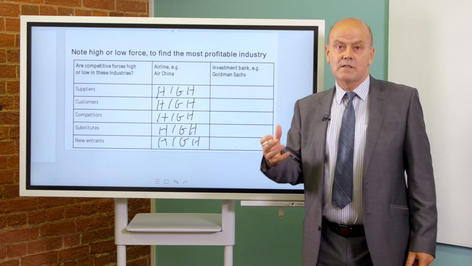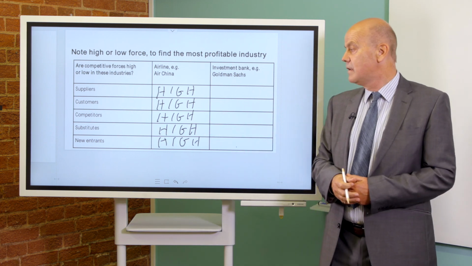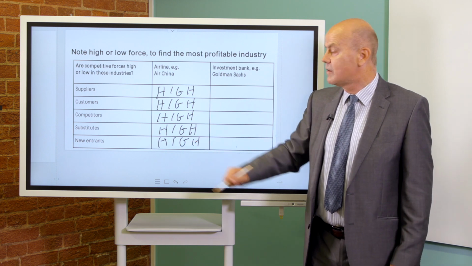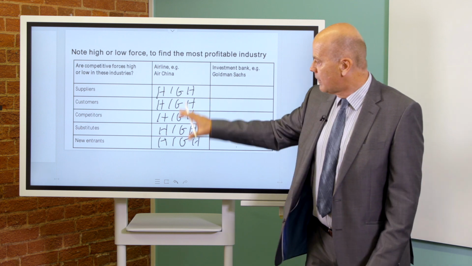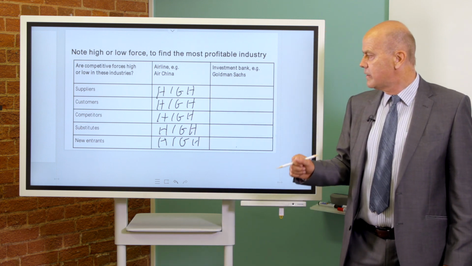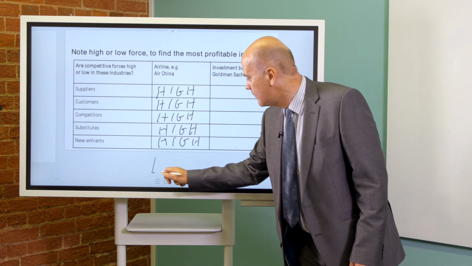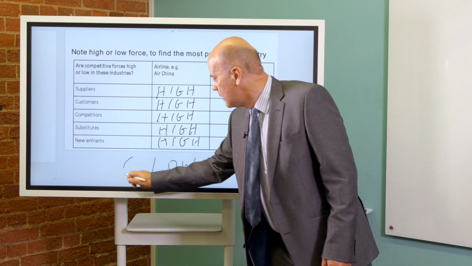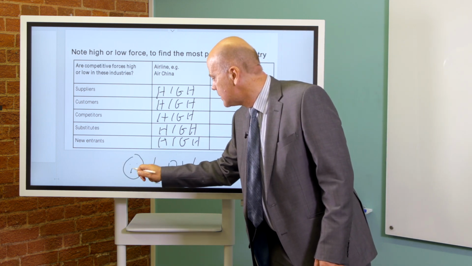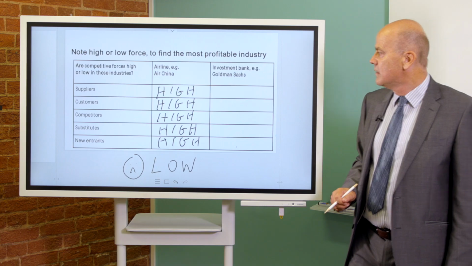But it seems we have new airlines every year, so we even have high competition from new entrants. So what is the profit margin in the airline industry? Well, quite low. So that is bad. We have a bad situation here, and a lot of unhappy airline companies.